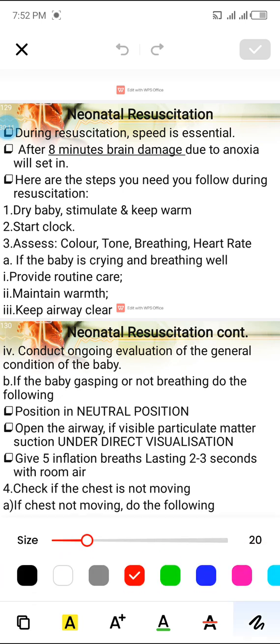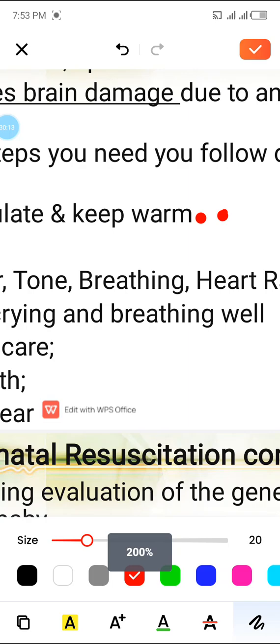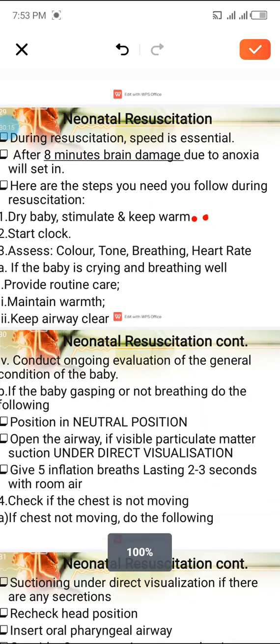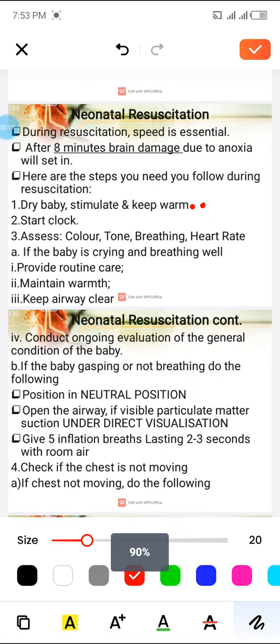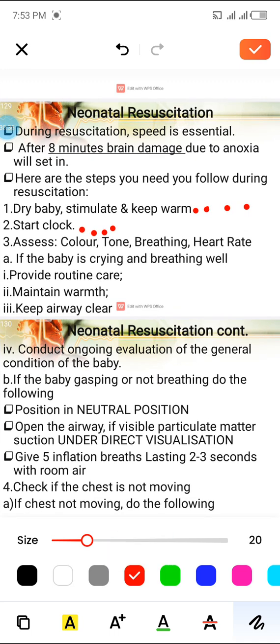So skip those, but let's look at this. First of all, you need to deal with drying and keeping the baby warm. You need to explain how to dry the baby, stimulate the baby, and keep it warm to prevent what? Hypothermia. So try to add those rationales. You're keeping it warm and drying it to prevent hypothermia. Then two, you start the clock. Why start the clock?